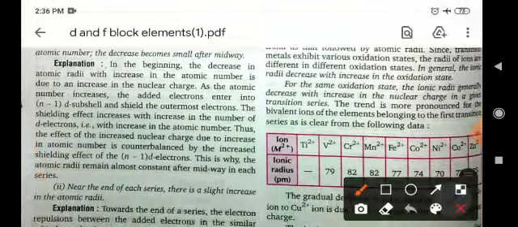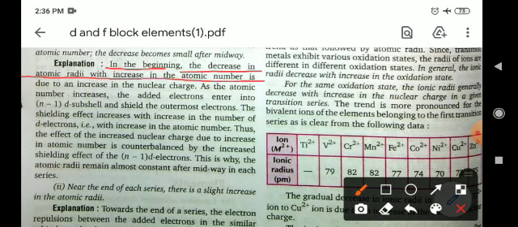In the beginning, the decrease in the atomic radii with increase in the atomic number is due to the increase in the nuclear charge. As I have discussed before, the atomic radii decrease because the force of attraction between the nucleus and the outermost shell increases.